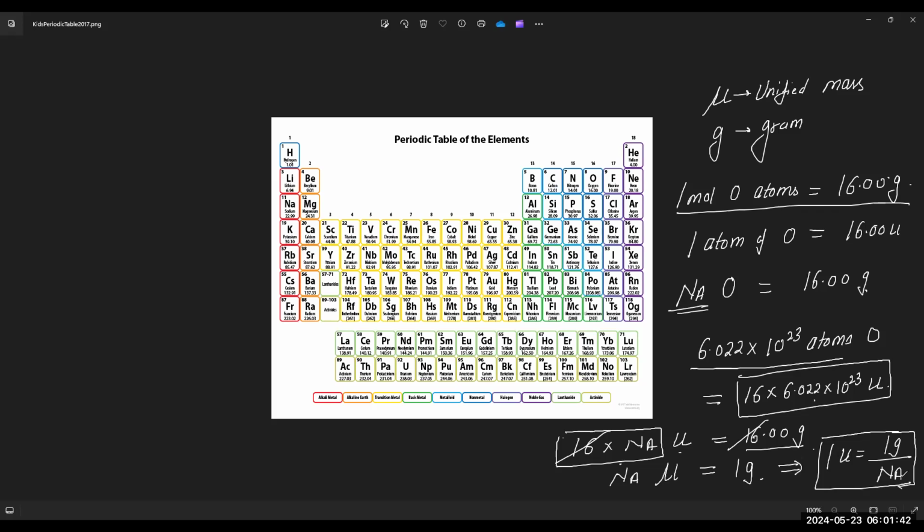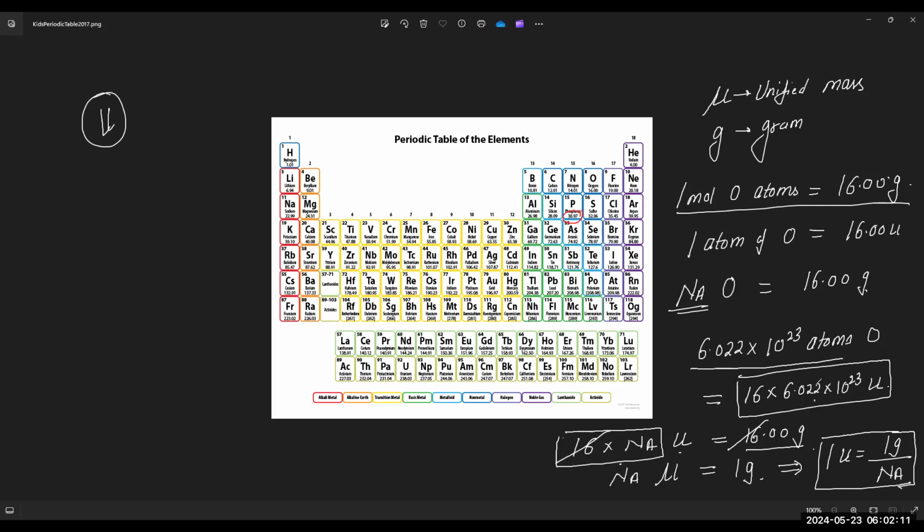The best part is there will be no question based on it. The only thing is that you need to know U is a unified mass unit. So for the elements here, if I take the mass in U, then it represents one atom. If I take it in grams, it represents 1 mole of atoms. That's the only thing you have to understand and practice.